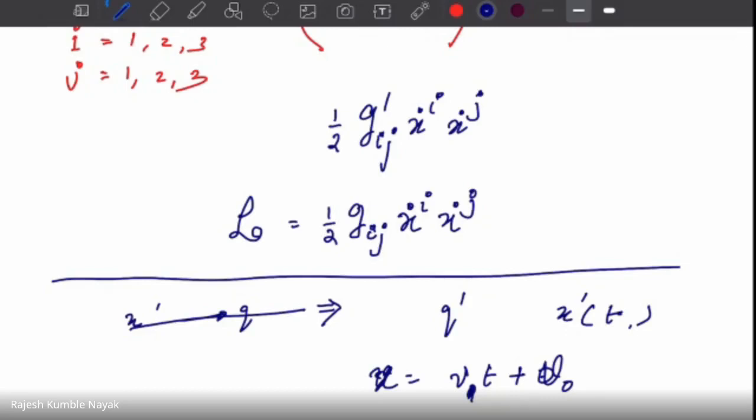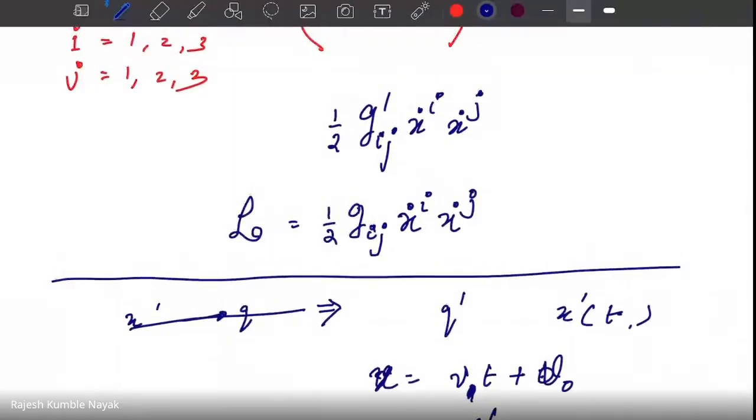When you differentiate this, you would have a term which is simply v1, which is constant.